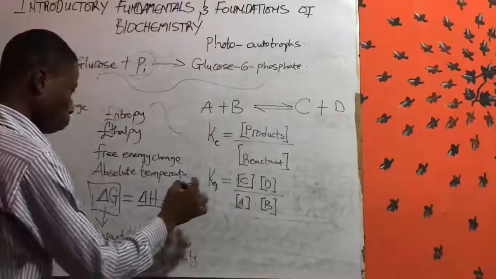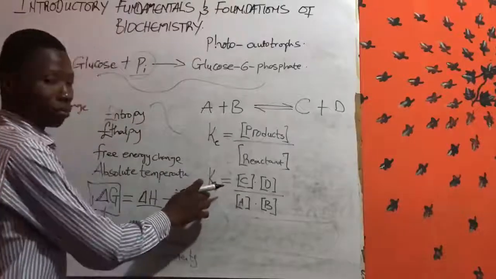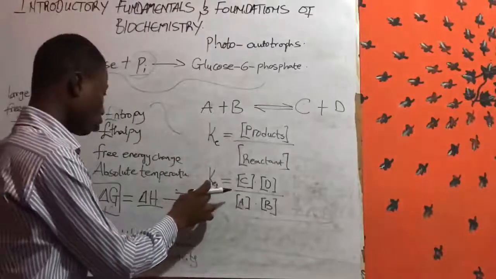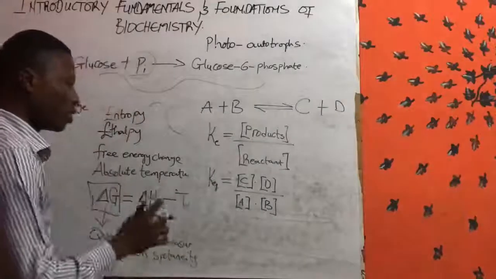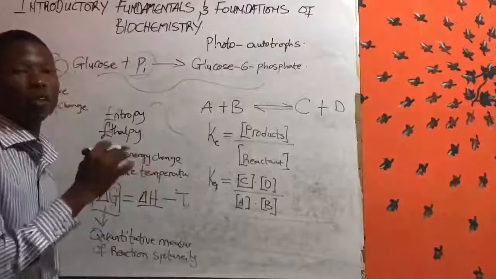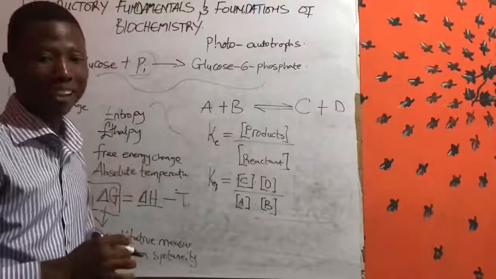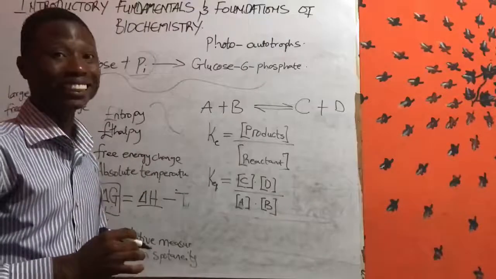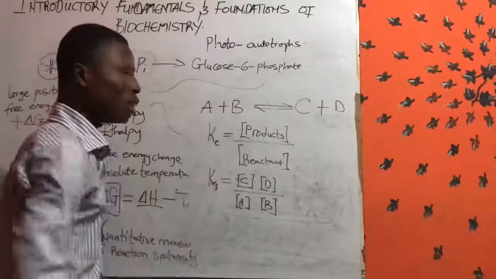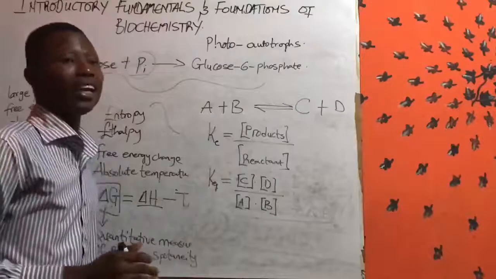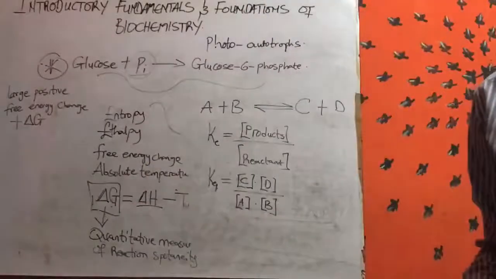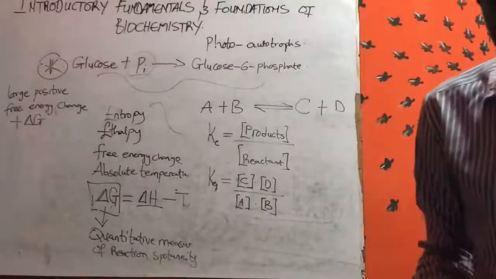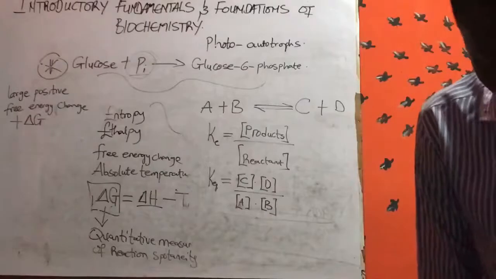So this, in relation or in addition to this, gives me the quantitative measure of a reaction's spontaneity. So here, when I have a large KEQ, it's telling me that my reaction is feasible.